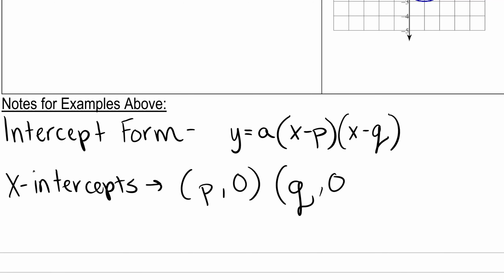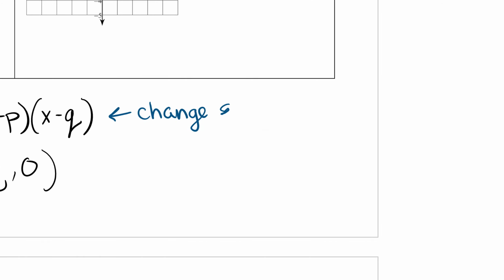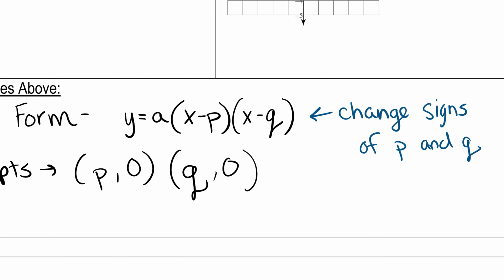And remember that whenever you plug these in, just like h from before, you always want to change the signs of p and q. So change the signs of p and q when you plug them into this equation.